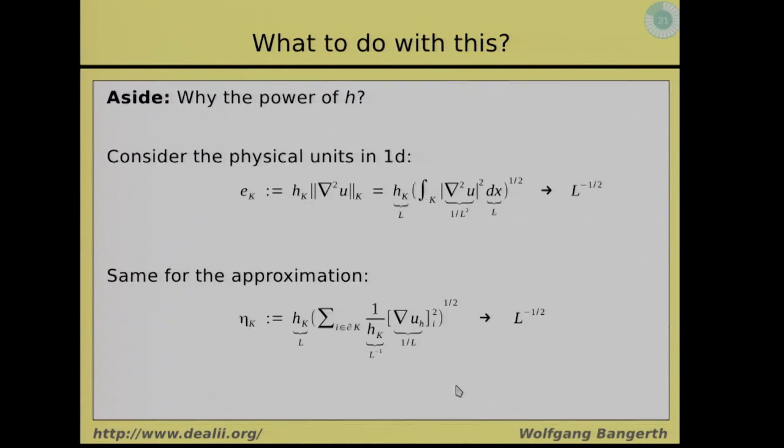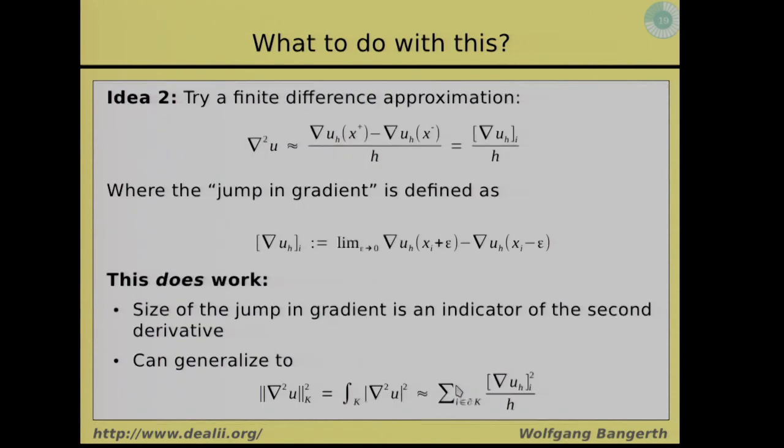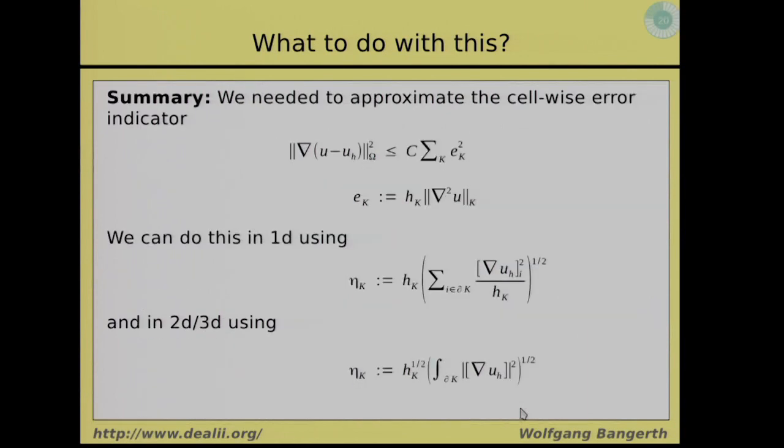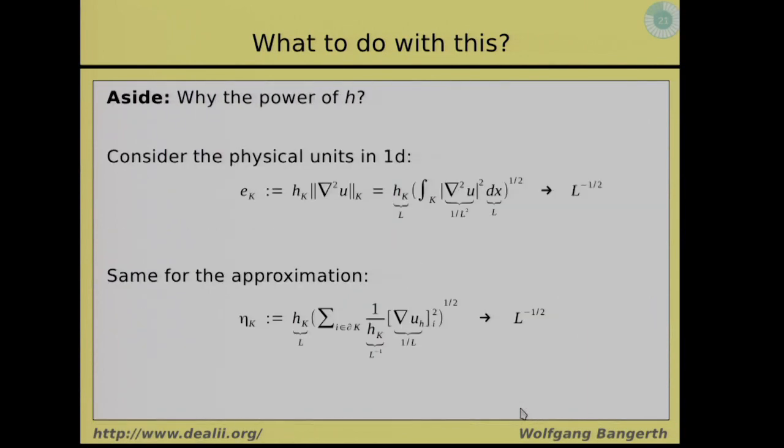So if you didn't believe me in this slide here, why I need to divide by h and not h squared, there is a simple argument that you can often make to verify that a formula is correct, and that is just look at the physical units. So the exact quantity that I want to compute is this one, ek, right? That was hk times the norm of the second derivatives of u integrated over k. And if I write this out, hk has physical units length.